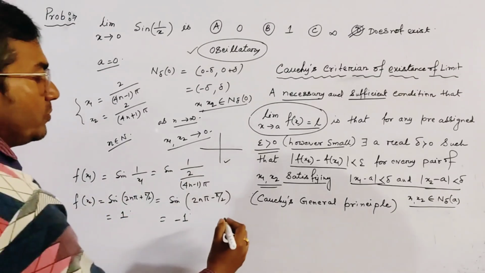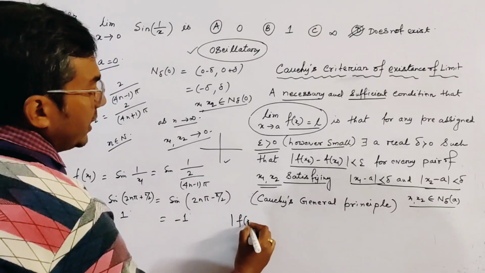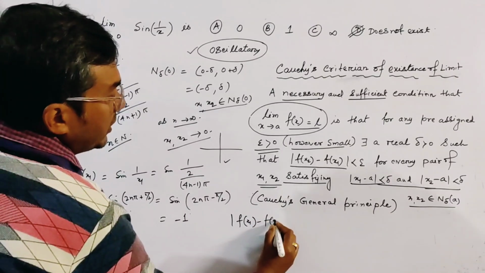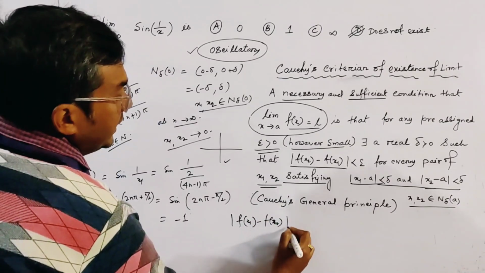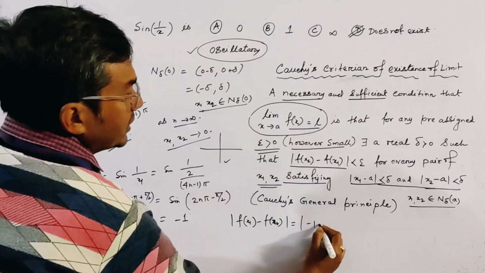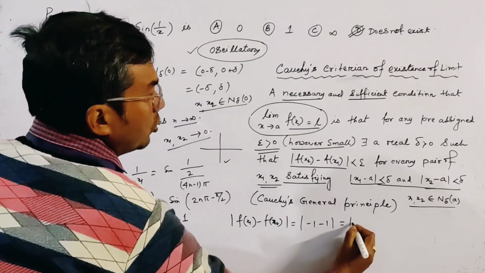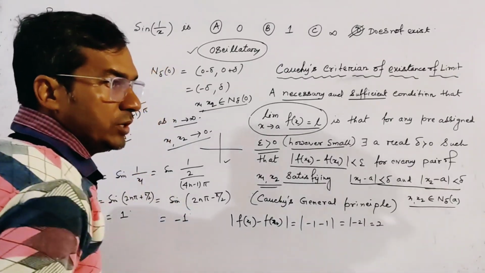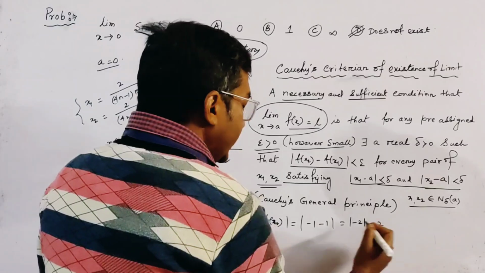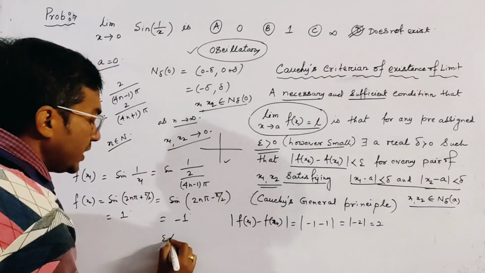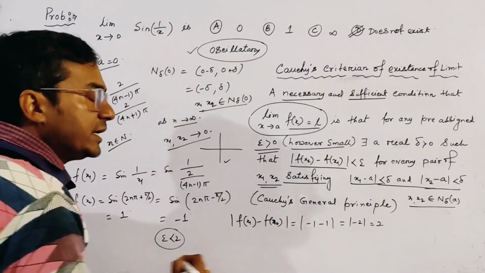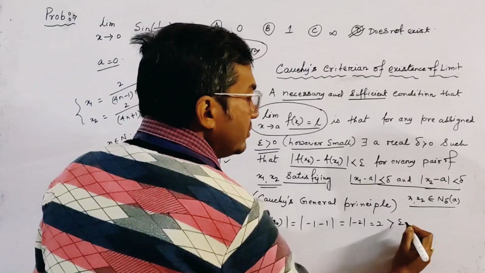Now, if we find the value of f of x1 minus f of x2, then we get mod of minus 1 minus 1, so this is mod of minus 2, which is 2. Clearly, if we take epsilon less than 2, then this value is greater than epsilon.